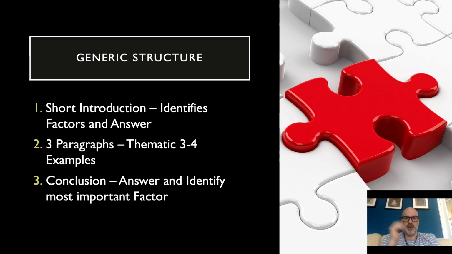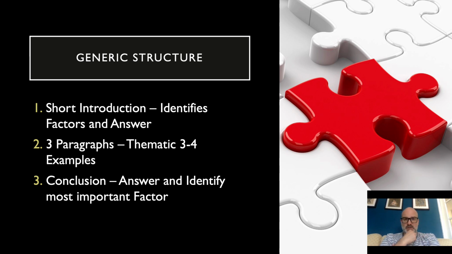Now, as you're very familiar with what happens next, we've got our 3 paragraphs, maybe 2, maybe 4 if that's the way the gods take you, but the ideal number is 3 thematic paragraphs with between 3 and 4 examples. That's our basic structure from which you can deviate.